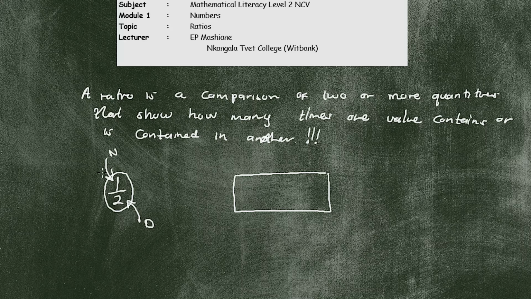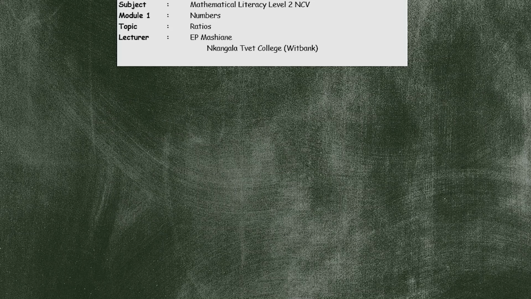Or when I read that the other way around, how many parts are found in the denominator? Sometimes we write the ratio like this: 1 to 2. So this is the same as that. So this is the ratio form representation of a ratio, and this is the fractional form representation of a ratio.